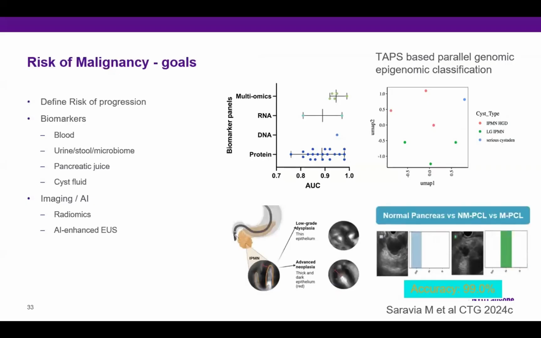So we'll hear a lot about this today, but I think the message today from this slide is that on the cyst biomarker side, what is clearly emerging is that we have to use a multi-omics approach. Next-gen sequencing was a really important and significant advance, but alone it will not be sufficient to provide diagnostic accuracy.